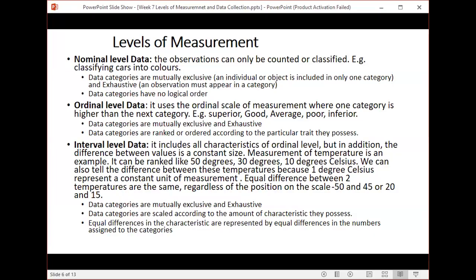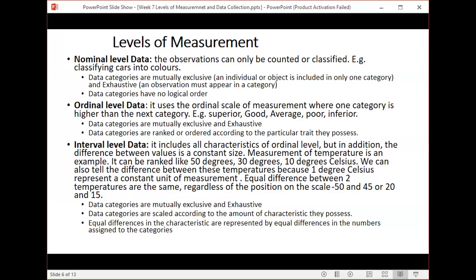Red cars are in the red category, blue cars in the blue category, green cars in the green category, and we cannot have one that is here and also here. It's mutually exclusive and exhaustive. Exhaustive means that every car that passes from 6 a.m. to 6 p.m. should get a category to fit. I can't say that a car passed and I didn't know where to put it. So the first characteristic is that data categories are mutually exclusive and exhaustive.